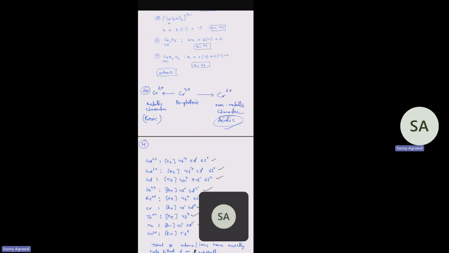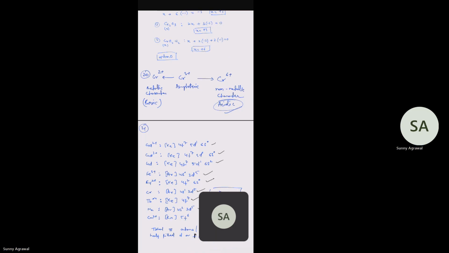CrO3 is a plus 6 oxidation state oxide. We know that the plus 3 oxidation state of chromium is amphoteric in nature. So Cr+6, which is relatively more non-metallic, can be considered acidic in nature. Non-metallic oxides are acidic, so it is an acidic oxide.